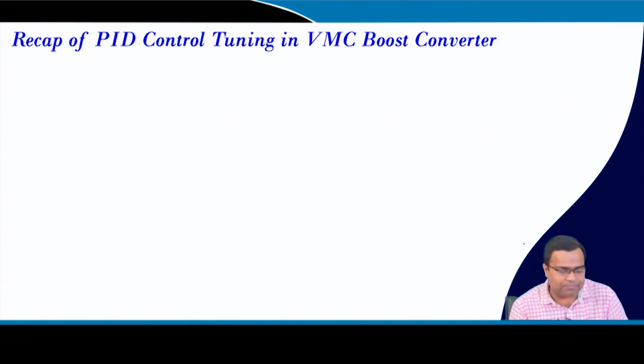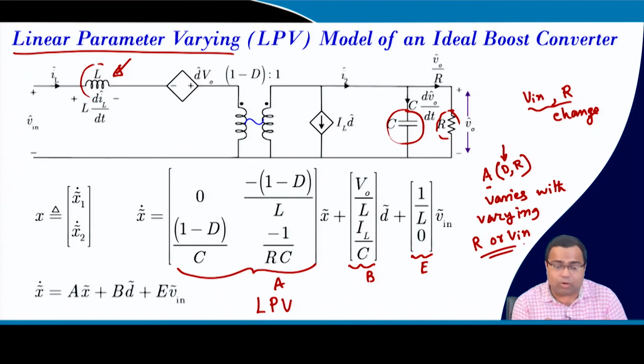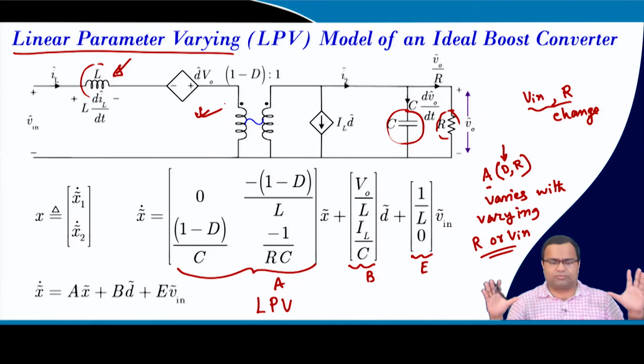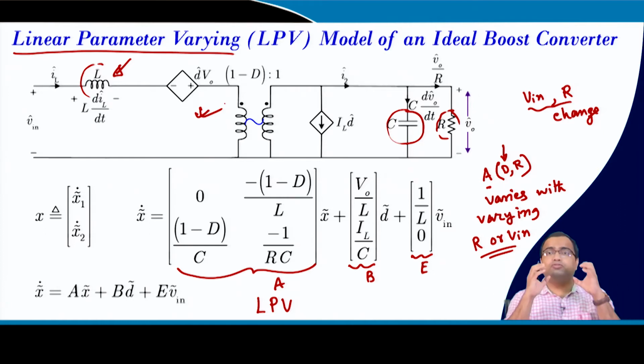Now, if we recap, once you have this linear model, that means this particular circuit, we can obtain various transfer functions. So, we can design a closed loop control of this boost converter either by voltage mode control that we have discussed.